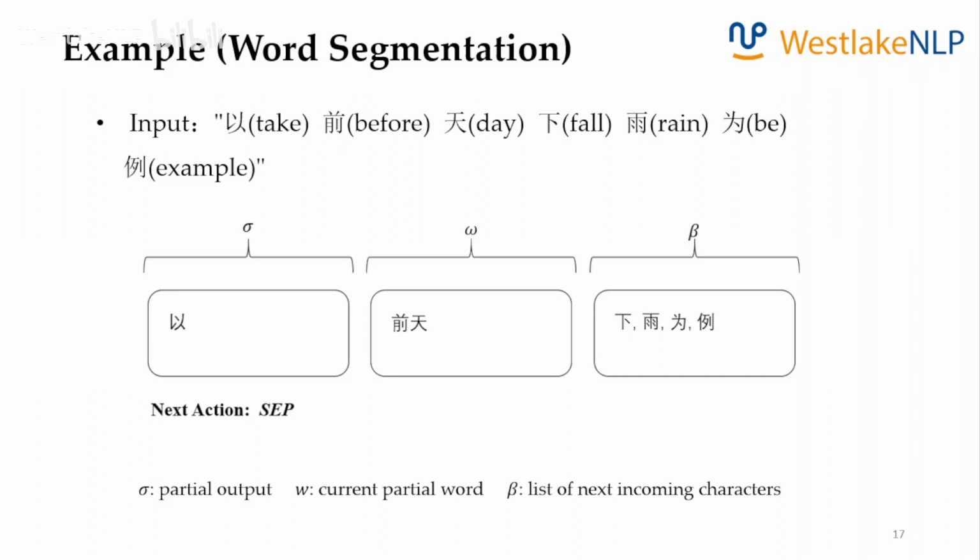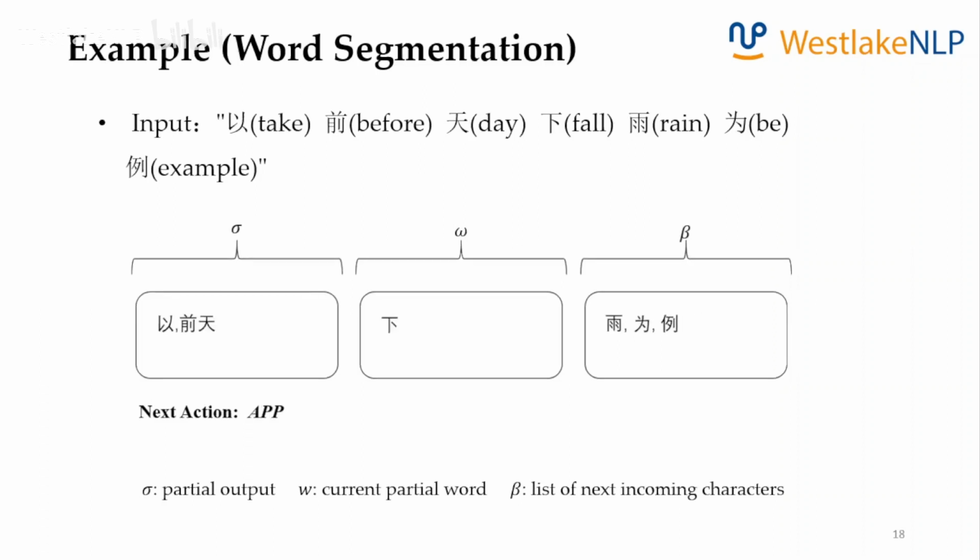So the next action is append. Now beta only consists of 4 characters, 下雨为例. The next is separate. We move 前天 to sigma, and we move the 4th character into buffer omega.